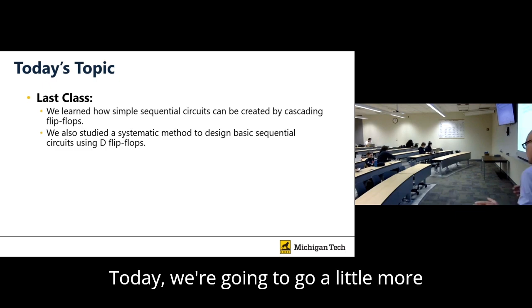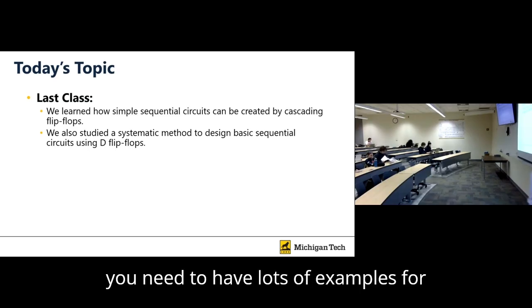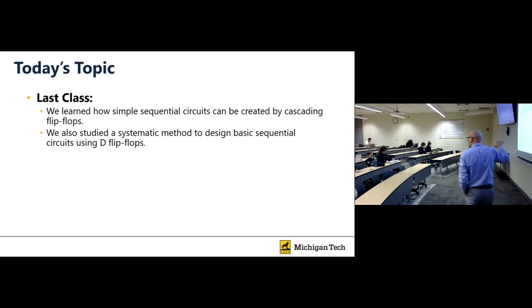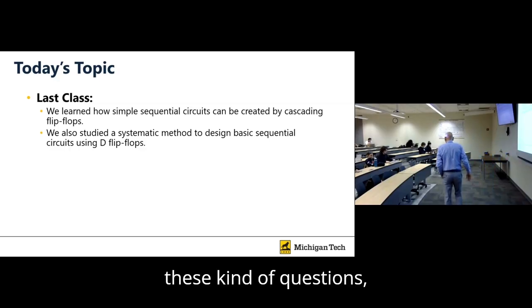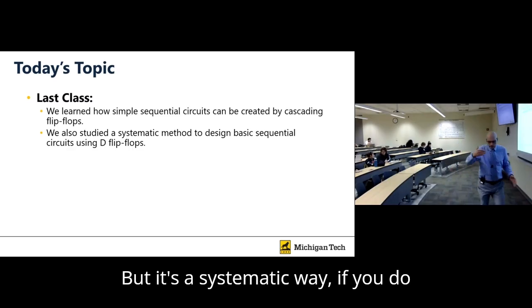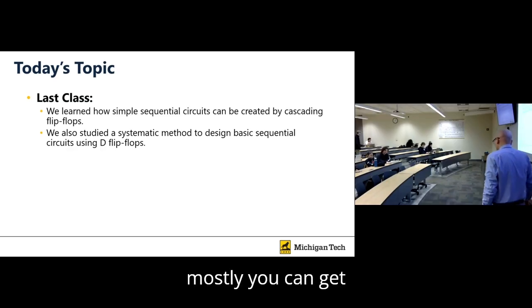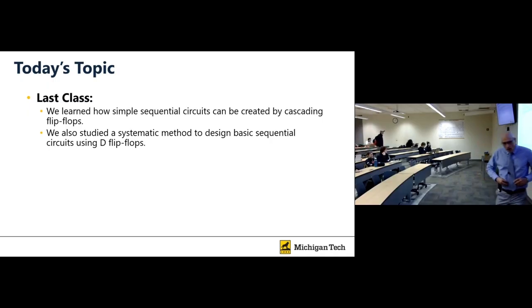Today we're going to go a little deeper with some more examples, because you need lots of examples for these kinds of questions. They can be complicated, but it's a systematic way. If you do the steps one by one, mostly you can get proper results.